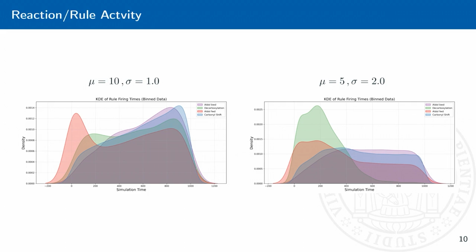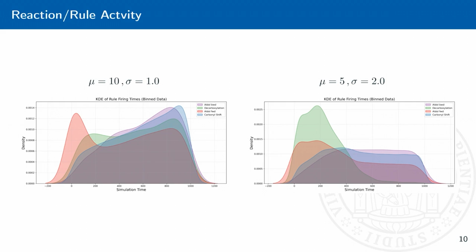On the slides, you can see the rule activity distributions for the simulation runs with the same parameter settings as previously shown. On the left-hand side, you can see that the system initially exhibits a higher relative activity of aldol additions. As the simulation progresses and larger molecules form, the relative activities of other rules increases as well, and the relative activity of aldol addition decreases at first, but then shows a resurgence towards the end of the simulation.